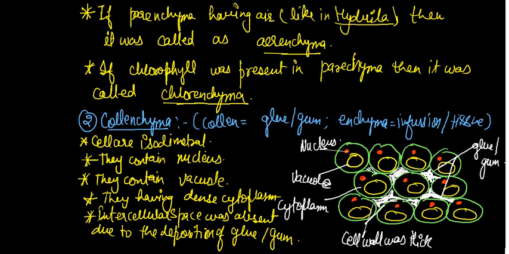Thick. Due to the deposition of glue or gum, the cell wall becomes thick.